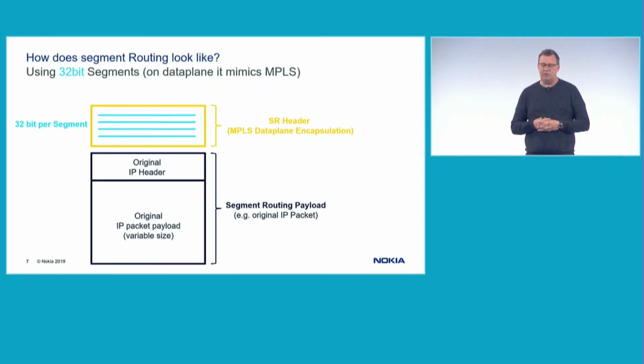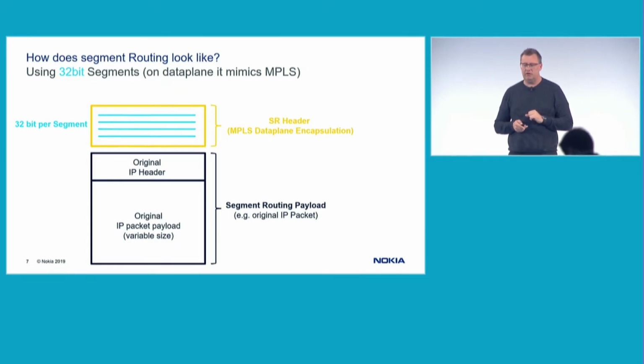We have our original packet, what you see in the black here on the bottom. We add on top our segments, so our sequence of MPLS labels. And each label, what you see in blue, is 32 bits. That's relatively simple, and very low overhead based upon the size of your packet.